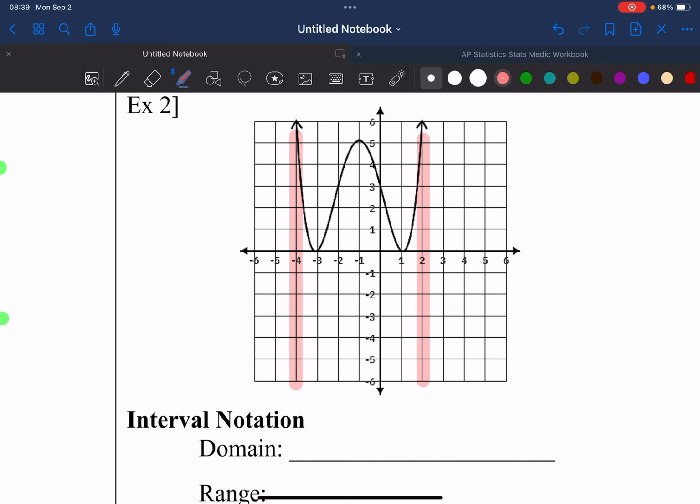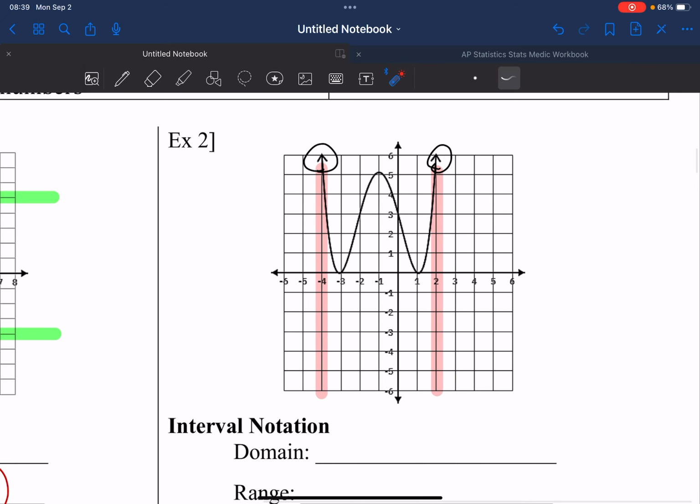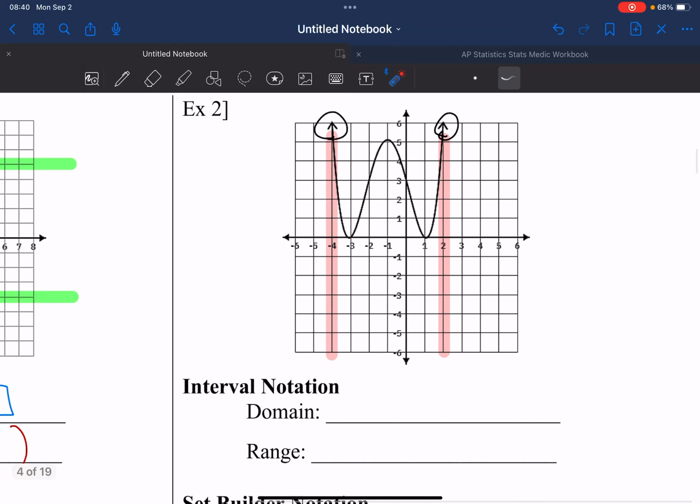Okay, but I have to look at the graph again and make sure where I drew those lines, there's not any arrows. And since we have arrows here, I cannot determine if this function is going to stay within those lines that I drew. Technically, this function could be going out in this direction and it could be going out in this direction, meaning my domain could be going from -infinity to +infinity.